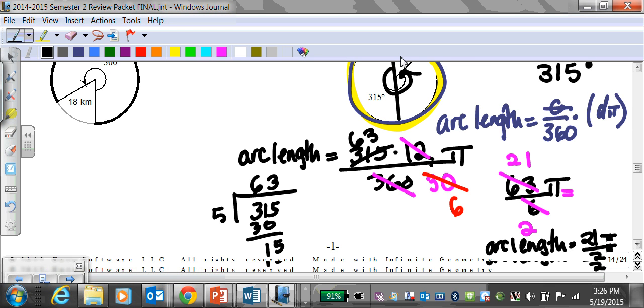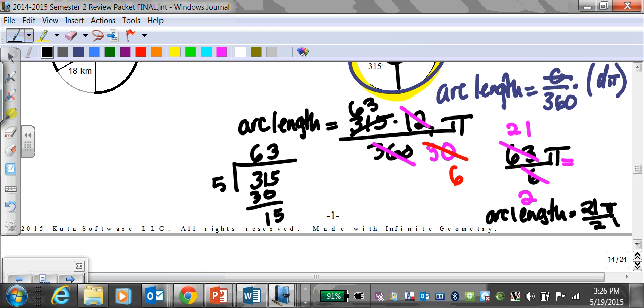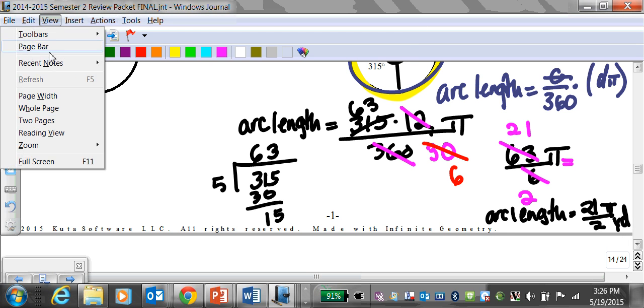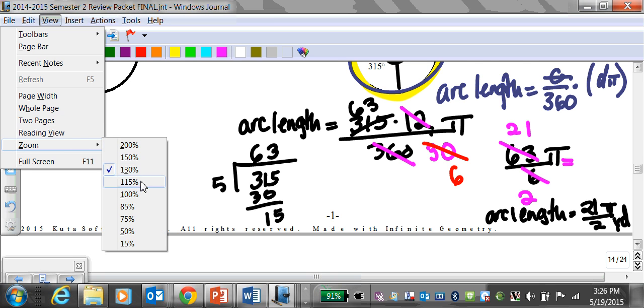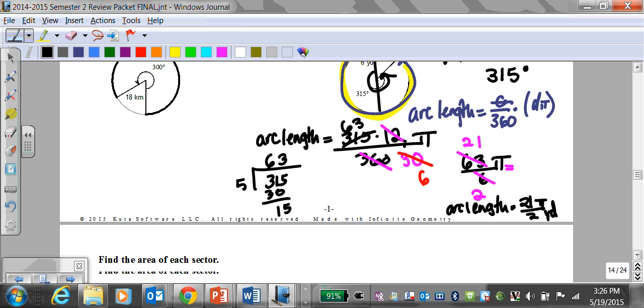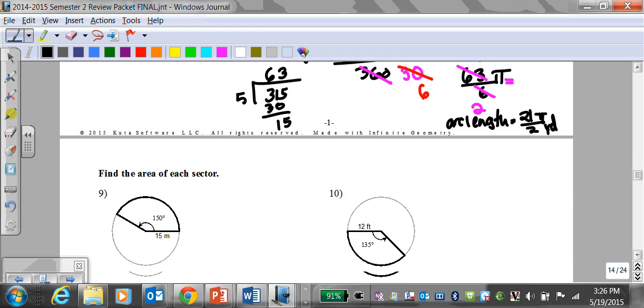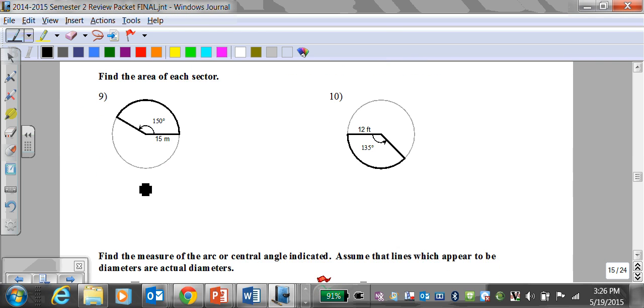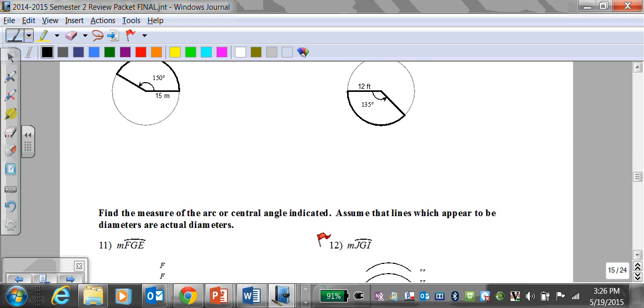Check for units, and it's yards. Sector area is just a fraction of the area.